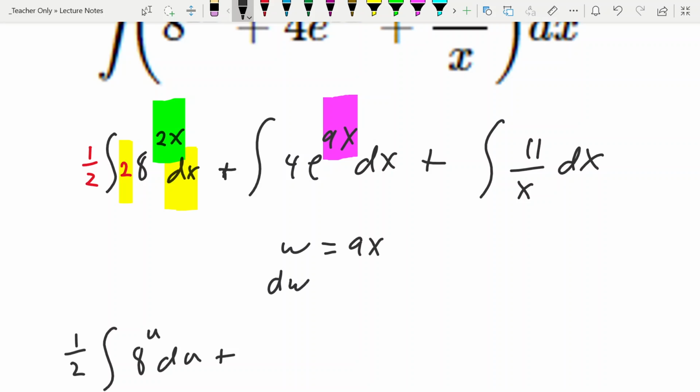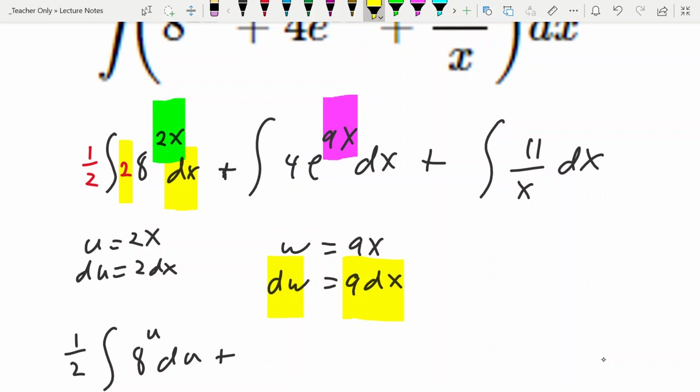So therefore, dw is equal to, actually, let me put this u back. I don't want to lose it. So that's u equals 2x. So therefore, du equals 2 dx. Okay. So now, the derivative of 9x would be 9 dx. So everywhere I have a 9 dx, I'm going to replace that with dw. Well, I have a dx, but I don't have a 9. I have a 4. All right, so first things first. Let's just move this 4 to the outside.